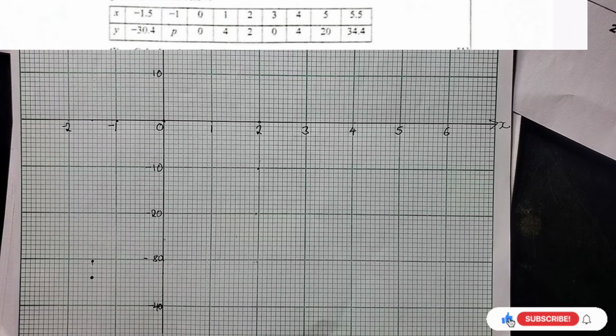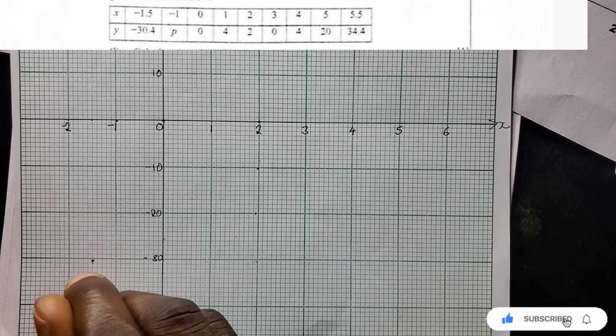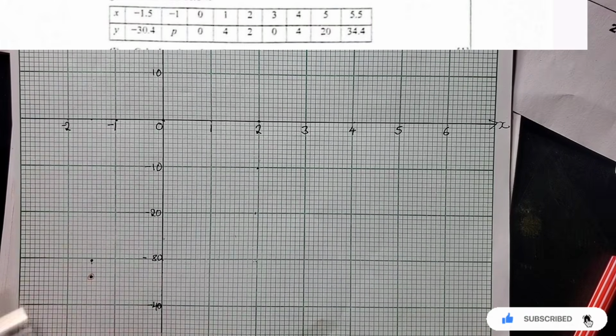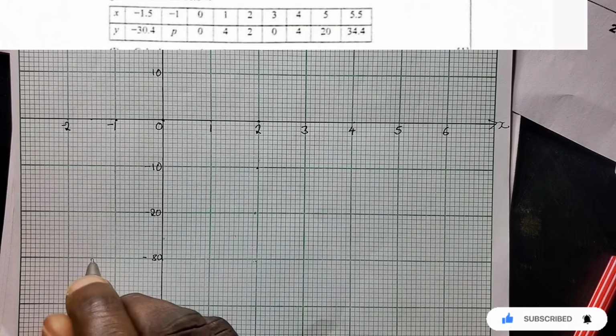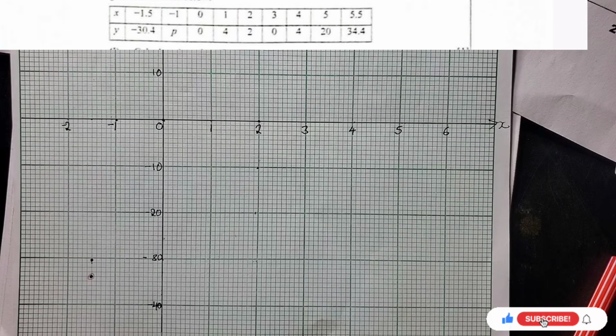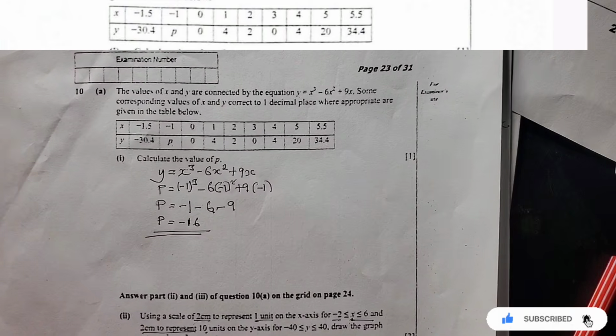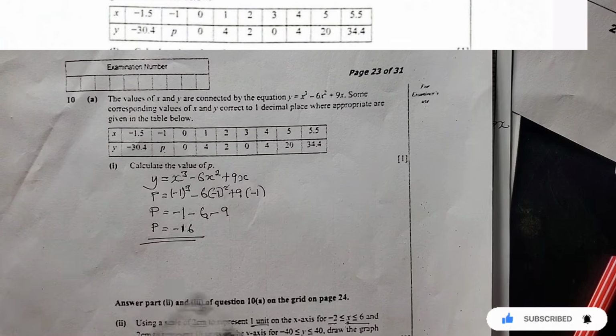This is not on our graph. So we have the first coordinate as here, -1.5, -30.4.